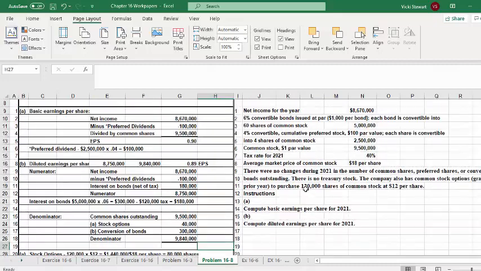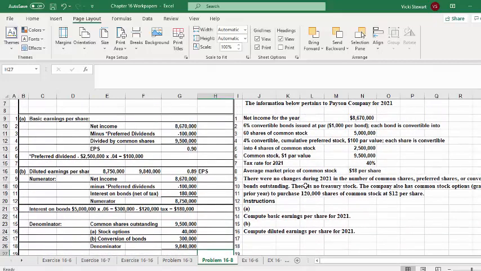The last security that we need to look at is the convertible cumulative preferred stock. Remember that we always subtract cumulative preferred dividends in the numerator. However, if the cumulative preferred stock is dilutive, we would actually add that preferred dividend back, because if the preferred stock is converted, you're not going to pay that dividend.